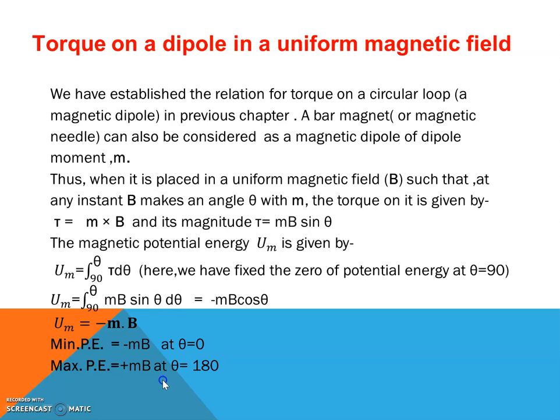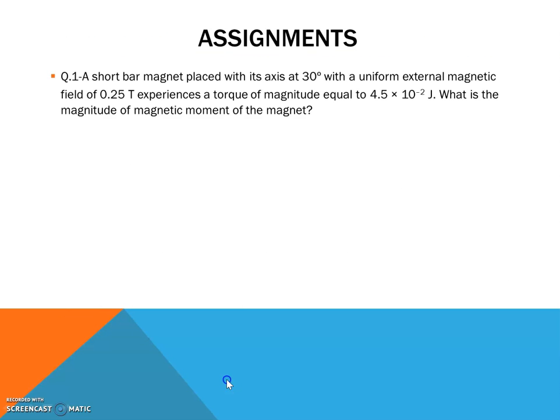These conditions can be used to solve some problems. Let's have some problems to understand the concept. Go through this question 1. In this question, a short bar magnet is placed with its axis at 30 degrees to a uniform external magnetic field.